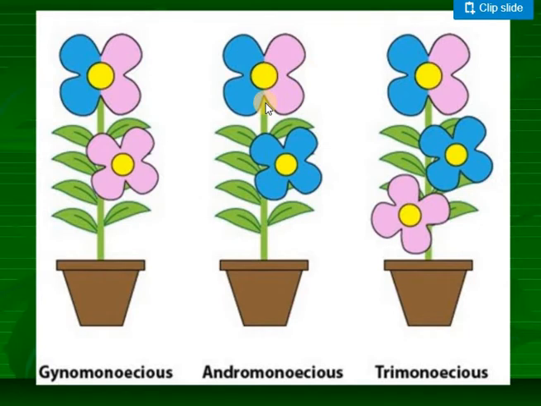And if a plant has bisexual flowers and, along with that, male flowers, that is called andromonoecious. And if a plant has bisexual flowers, male flowers and female flowers, the condition is called trimonoecious.